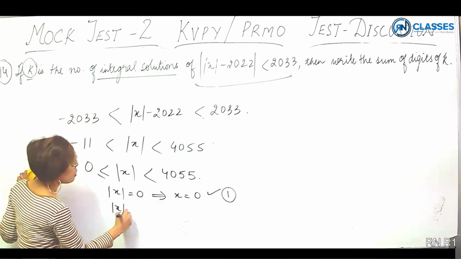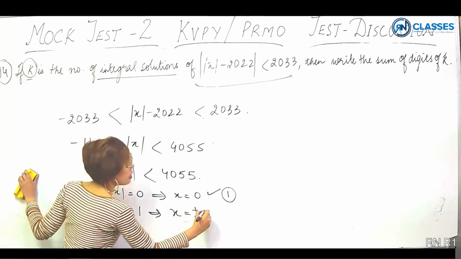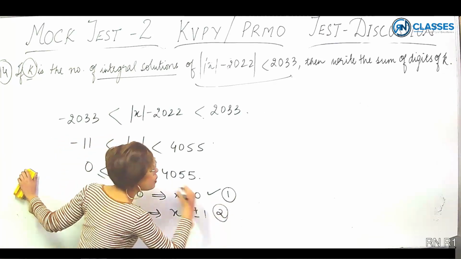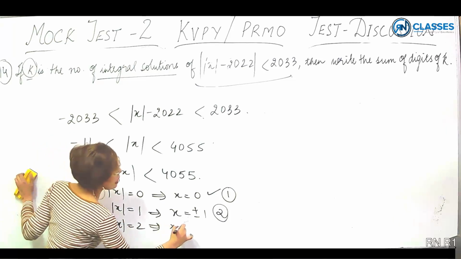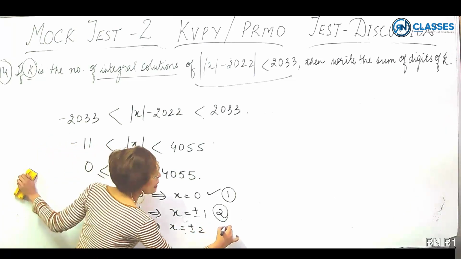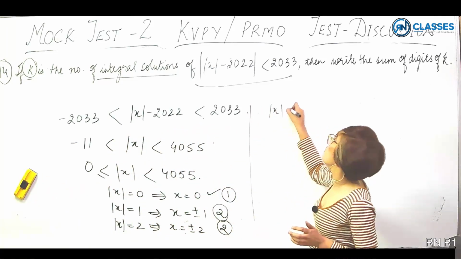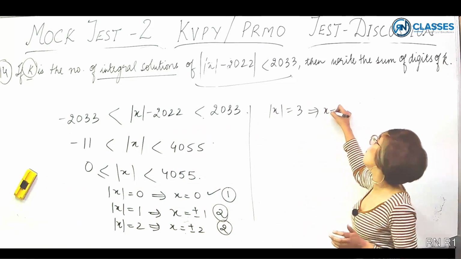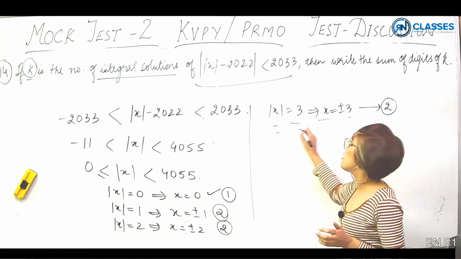Then mod of x can be equal to 1. Here I can get x equal to plus minus 1. Two integral solutions. Then mod of x equal to 2 means x can be plus minus 2, and again I get two solutions. Mod of x equal to 3 gives x equal to plus minus 3, two solutions again. And so on, this process continues.